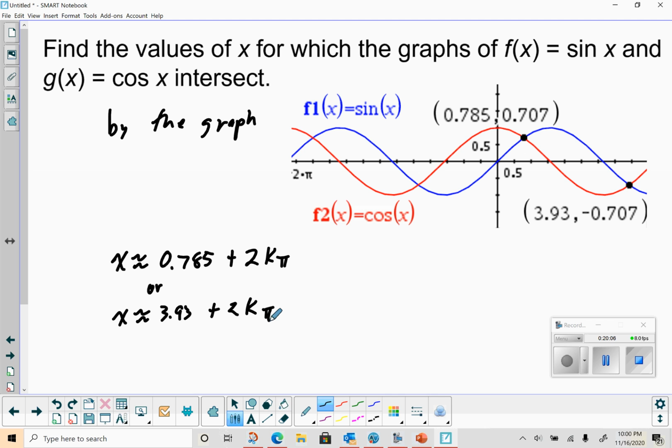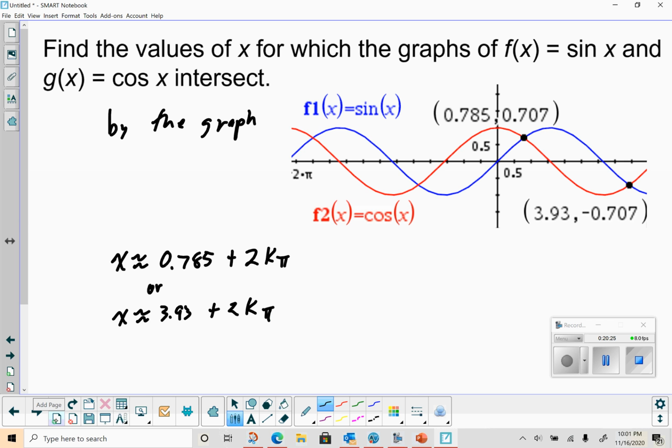Now remember, we're looking for, again, just these two values between 0 and 2 pi, and then turn them into the expressions there for all multiples to the left and to the right.